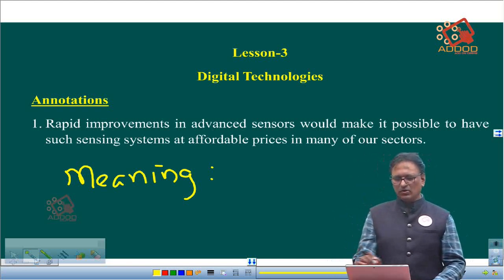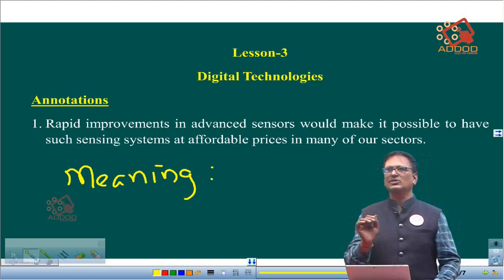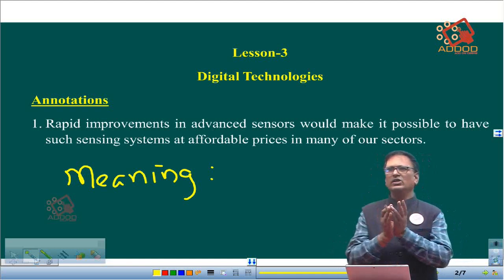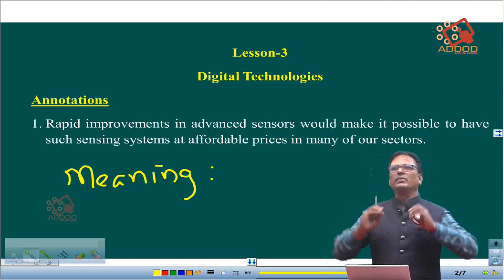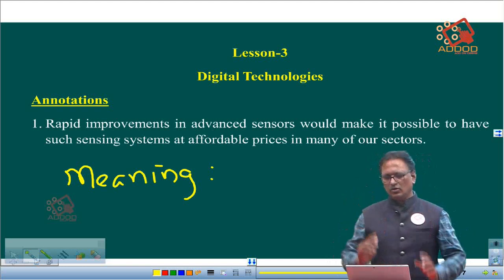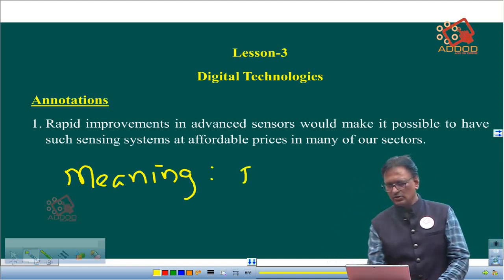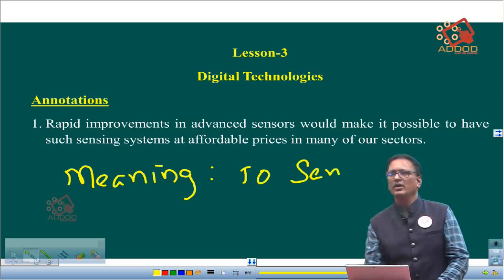"Would make it possible to have such sensing systems." So this entire annotation throws light on giving priority, or importance, to sensors.